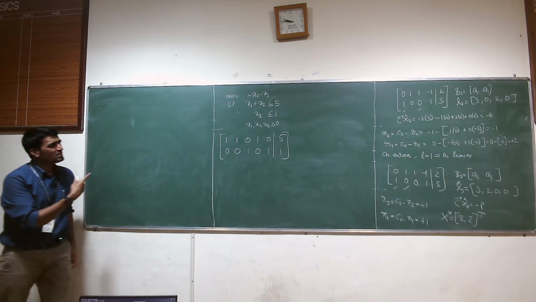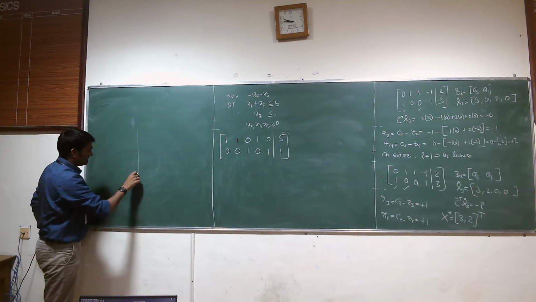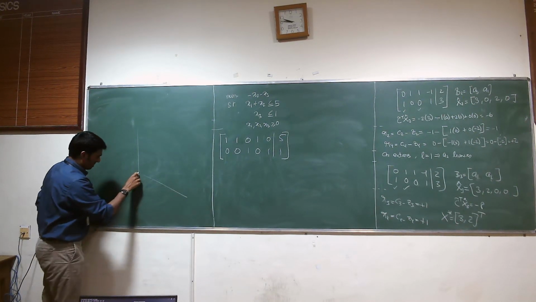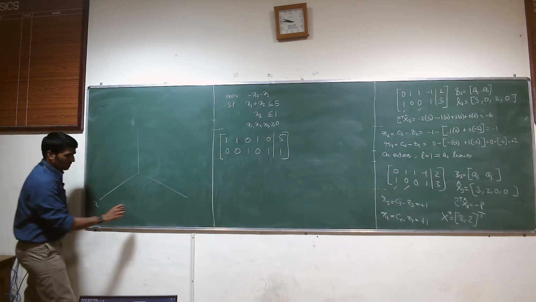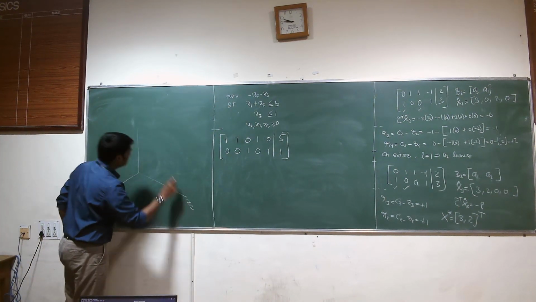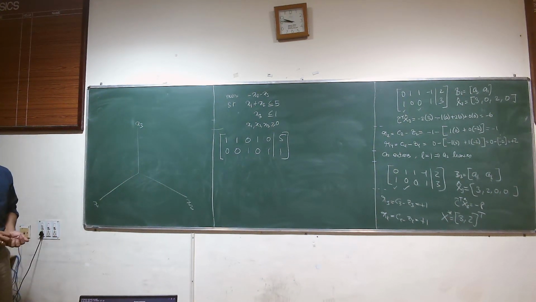Before that, what is the geometry of this problem? It's in 3D. Let's draw it. Okay, this is x1, x2, x3. What does the first constraint correspond to?